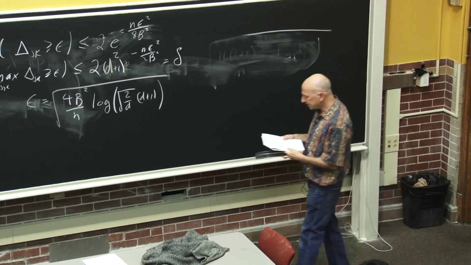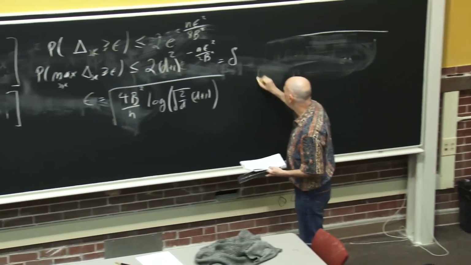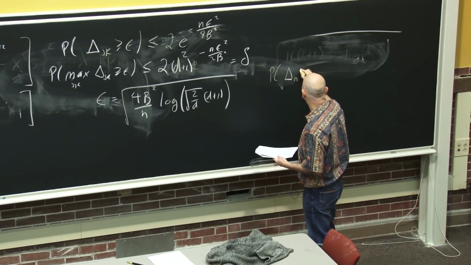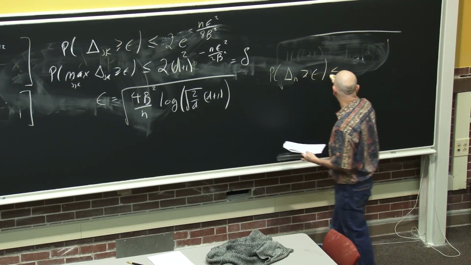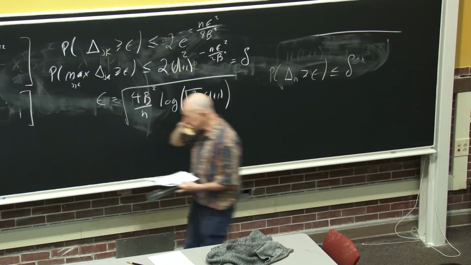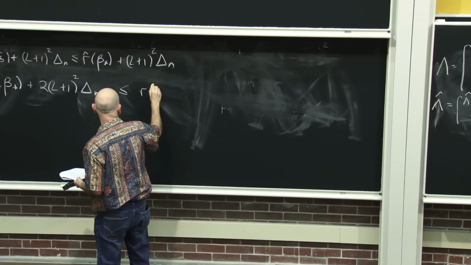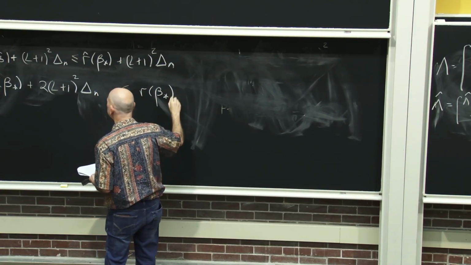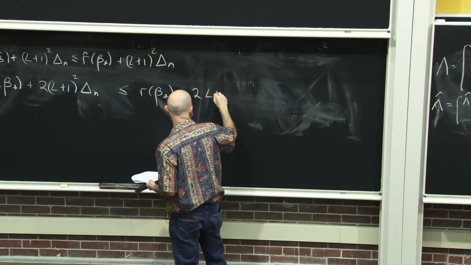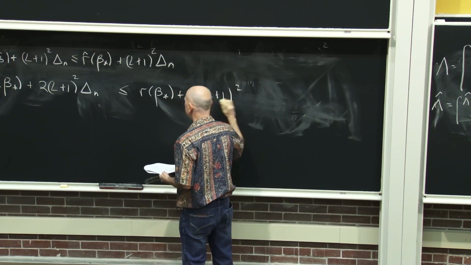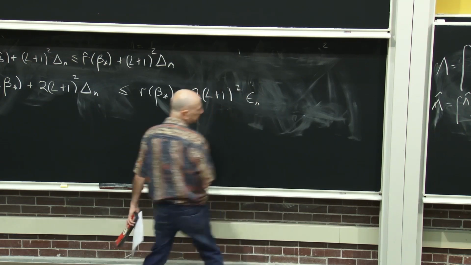And so what that says is, with this choice of epsilon, the probability that delta n is bigger than epsilon is less than delta. So with probability at least 1 minus delta, I can say this is less than that epsilon.